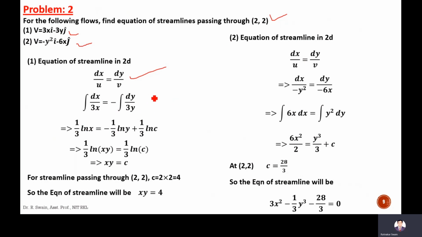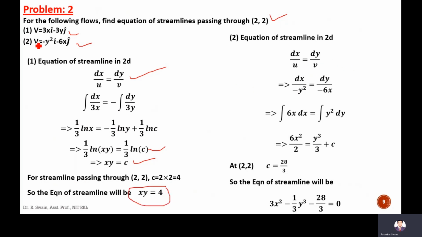If you simplify, you will get xy equal to c. For the streamline passing through (2, 2), c will be 2 into 2, 4. So the equation of streamline will be xy equal to 4.